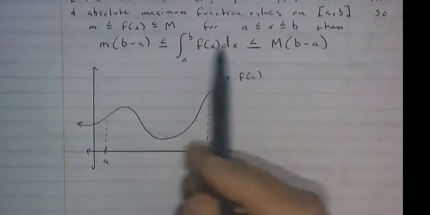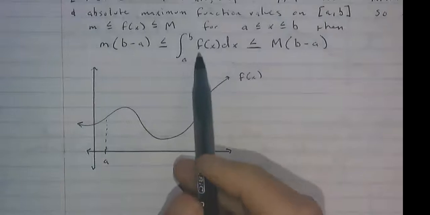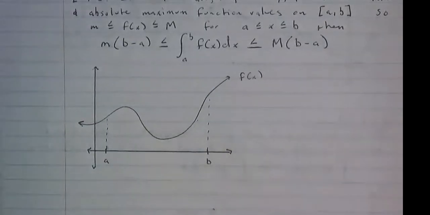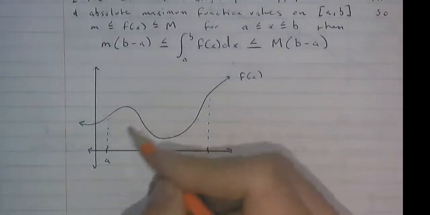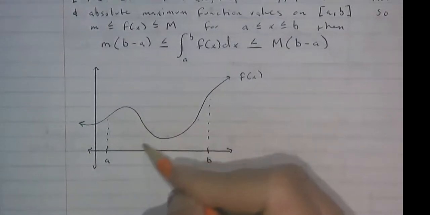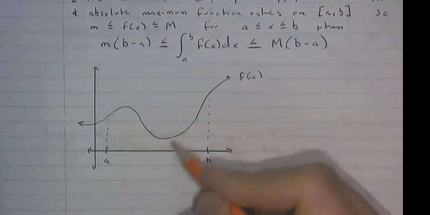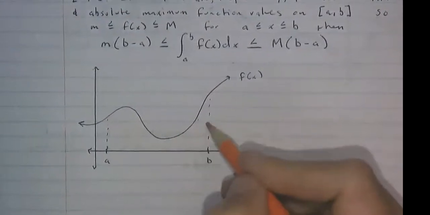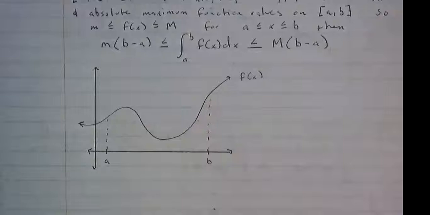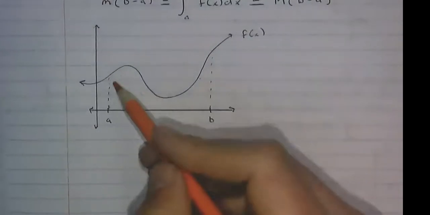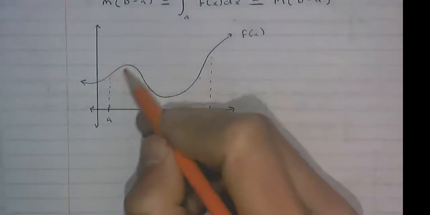And so this middle part, the definite integral from a to b of f of x, is this part in orange. Kind of hard to see, but at least I guess we'll do it a little darker.